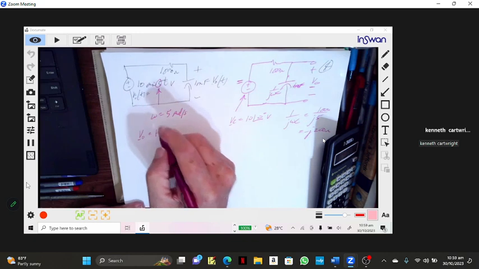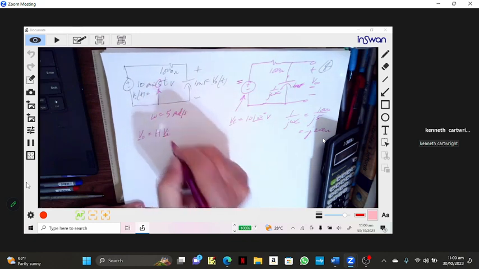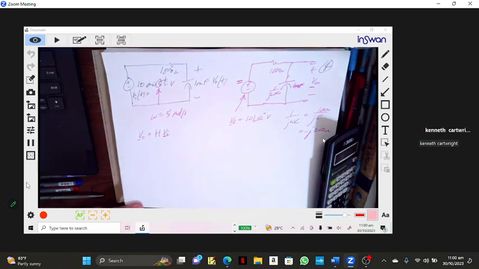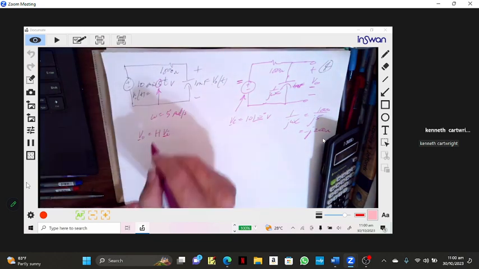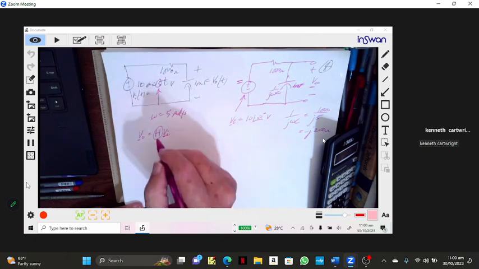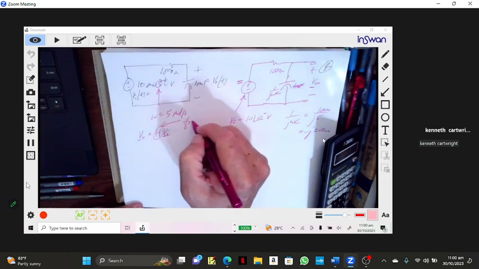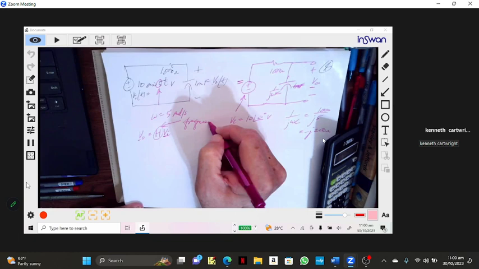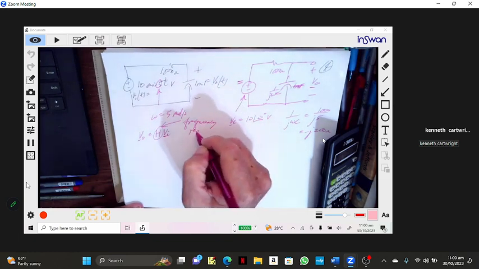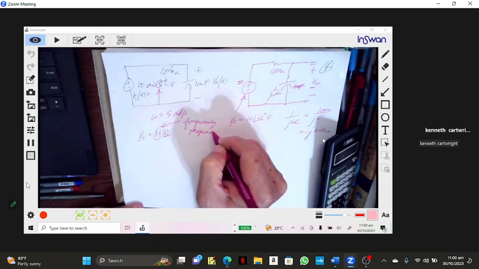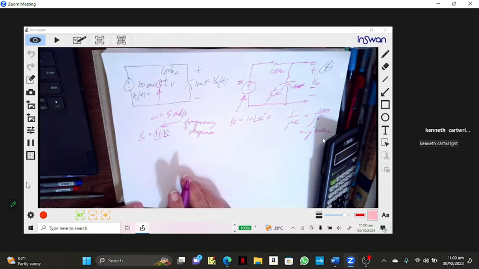That's a correct statement. More correctly, this is not a transfer function in this instance. This is a frequency response. But right now, let's call it transfer function.